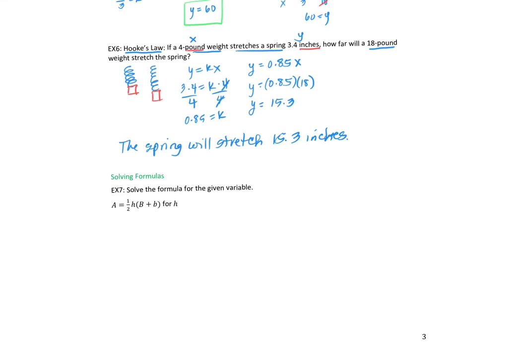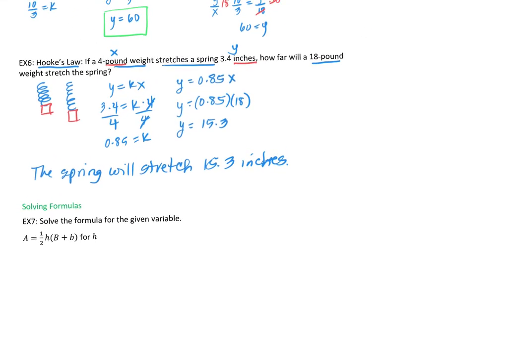Okay. So how would you do this if it was a proportion? Well, I'm trying to find how far the spring will stretch in inches. So I want the inches to actually go on top. I'm going to set it up as inches over the weight in pounds.